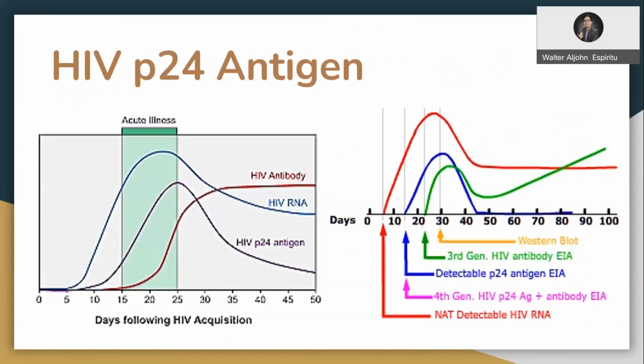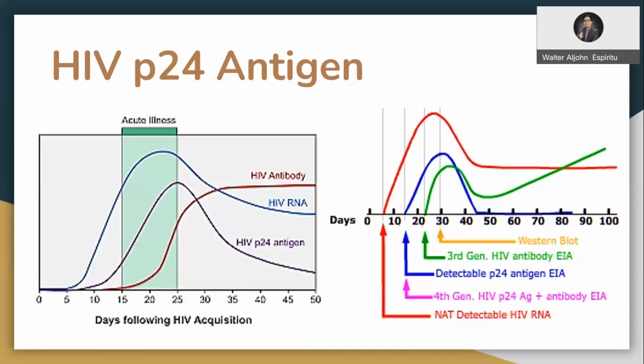In the detection of HIV, we use the HIV p24 antigen. This is usually observed, with its highest peak, 15 to 25 days after the first exposure to the HIV. At this particular time, we can use the ELISA to detect the presence of the antibody.